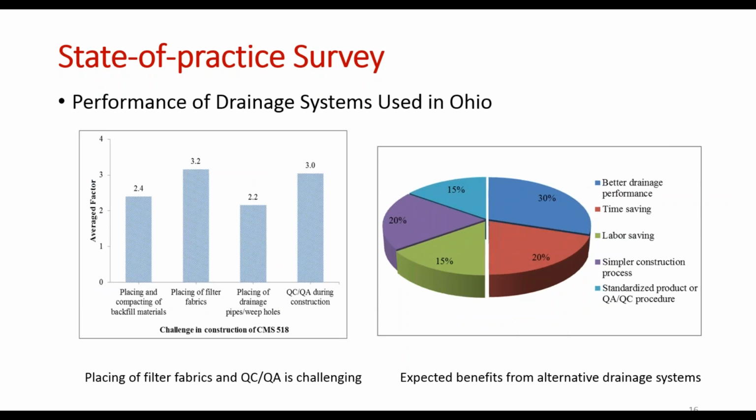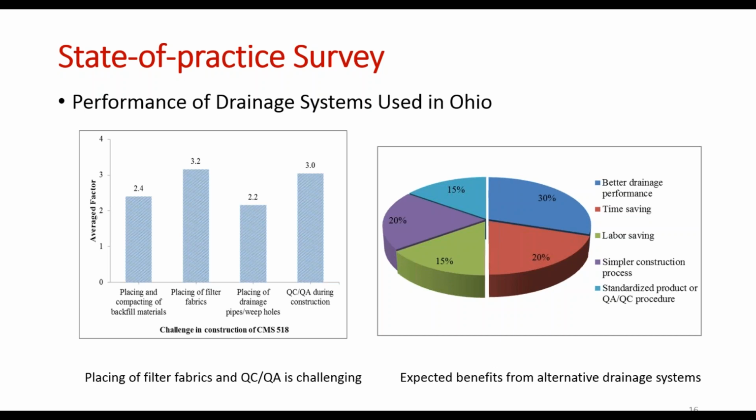And in terms of the challenges during construction, the respondents said placing the filter fabric is actually the most challenging for them. Another one is that it's difficult to control the quality when they build up the two-foot porous backfill layer.